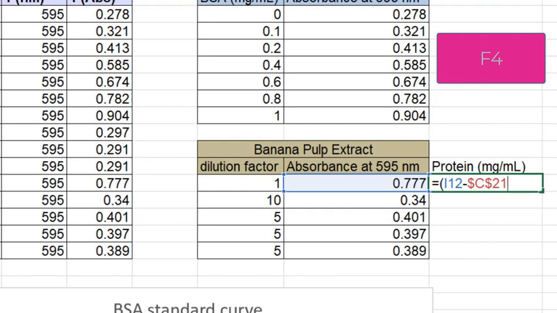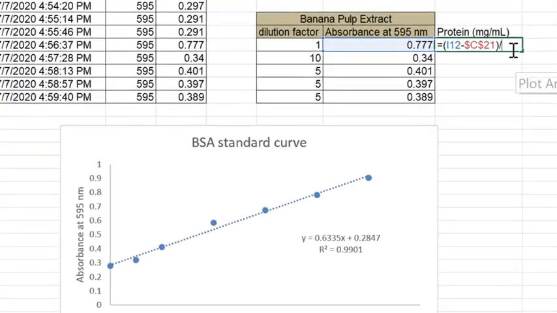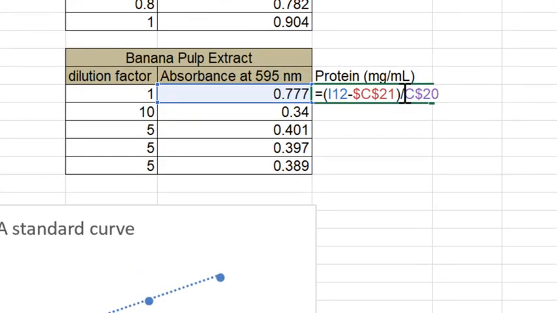You can see the dollar signs appearing around the letter C, and the letter C is for the column position. Then I close the parentheses and divide by the slope. Again, I could simply enter the value or select the slope, and I might press F4 again or manually type dollar signs around the column position C.